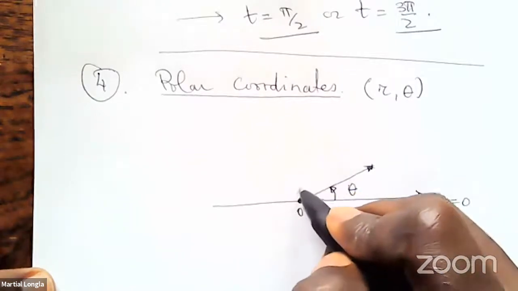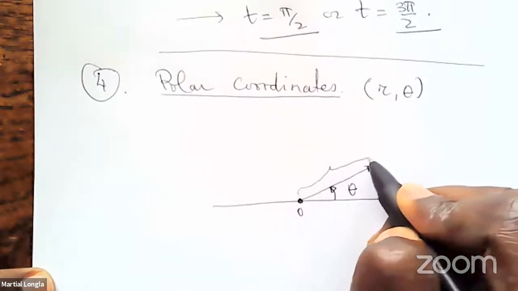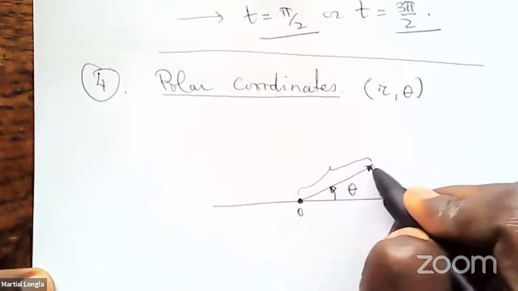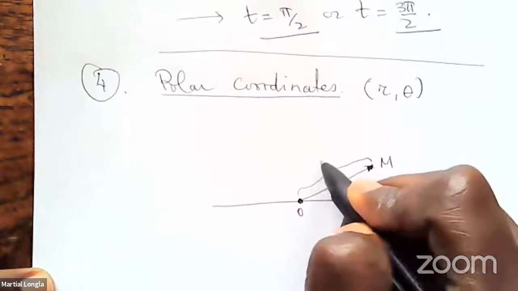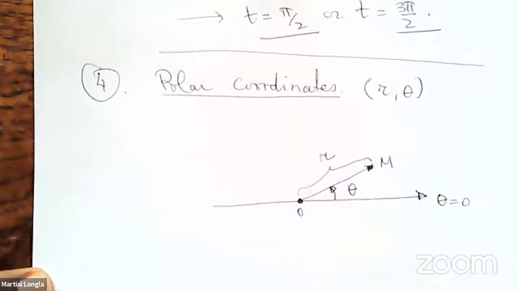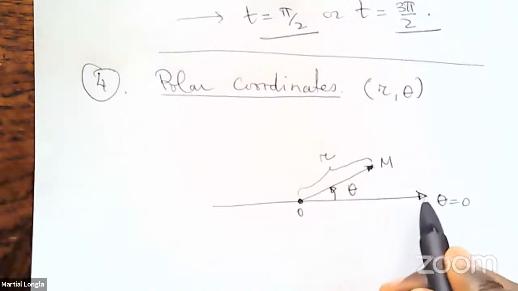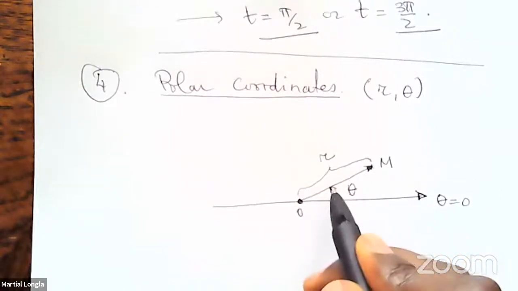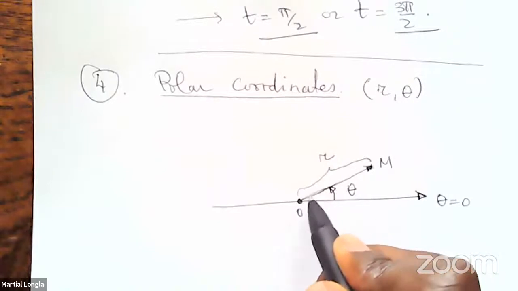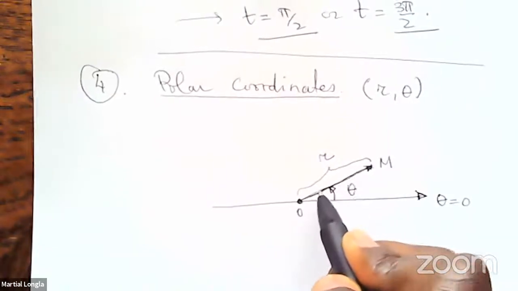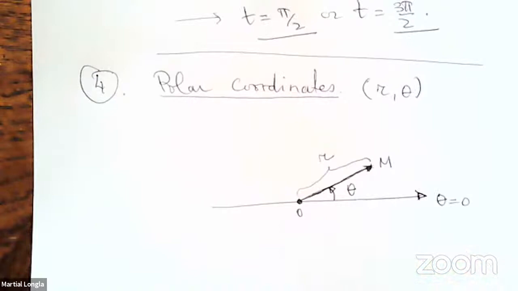The length of the line that we draw from the origin to the point M is what we call R. That's the length from the origin to the point, and theta is the angle between the 0 direction and the arrow that we draw from the origin to the given point.